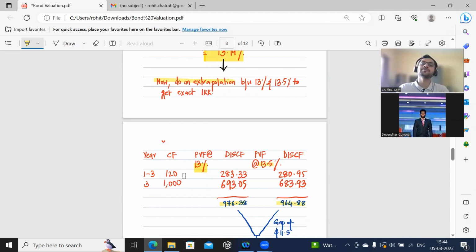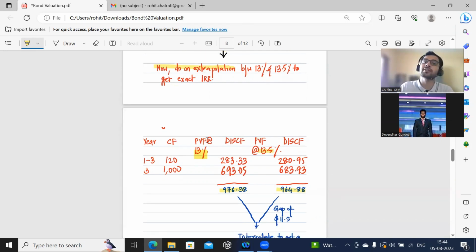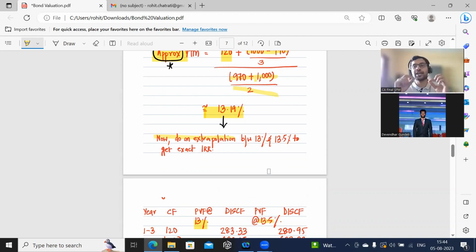What have I done? I have calculated the intrinsic value of the bond, assuming 13% is the required return and assuming 13.5. If you remember the golden definition of IRR, it was that rate at which your discounted cash inflow and your discounted cash outflow were actually equal.